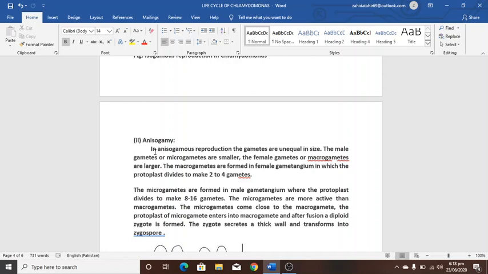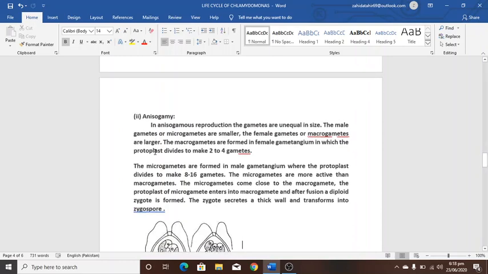Macrogametes are formed in the female gametangium, in which the protoplasm divides to make 2 to 4 gametes. The microgametes are formed in the male gametangium, where the protoplasm divides to make 8 to 16 gametes.